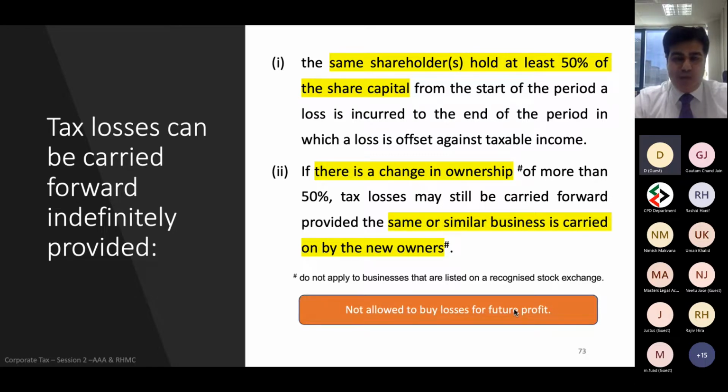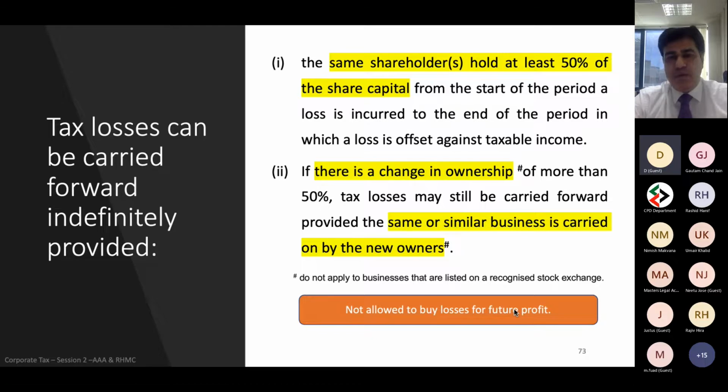A very important concept comes up in tax planning, where you buy losses for future profit. If I know I'm going to venture into a business which is going to generate huge profit, can I buy a loss-making company, one with losses carried forward in the balance sheet, and set them off? The answer is no. Technically, this section is designed in such a way that you're not allowed to buy losses for future profit.